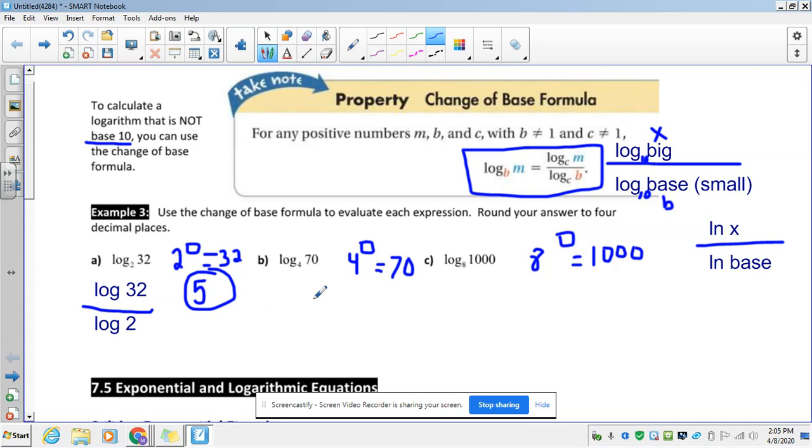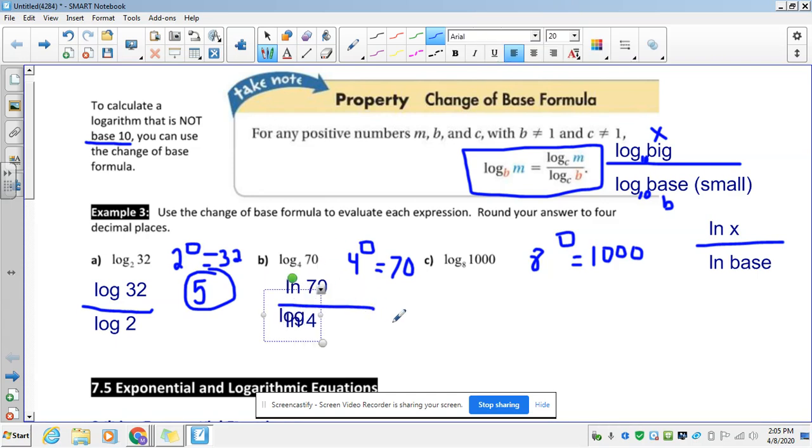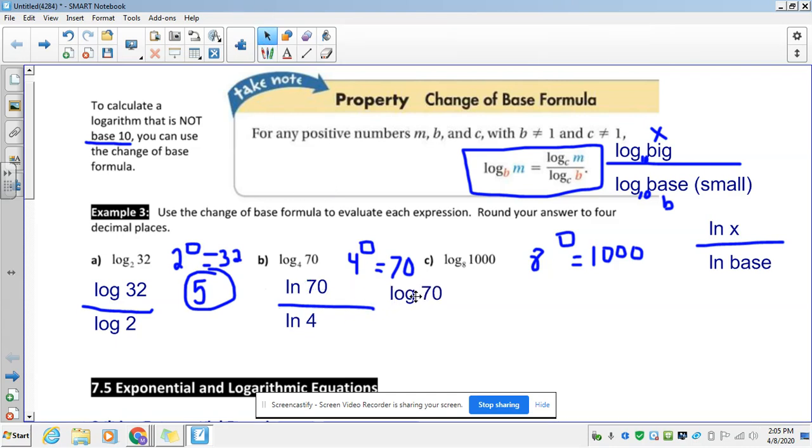Okay. So for the next one, if you want, try both of them. I can do ln. What is the bigger number, or the x? That would be 70, correct? Over ln 4. And let's see if that gives me the same answer as log 70 over log 4. So go ahead, put both of those in your calculator.